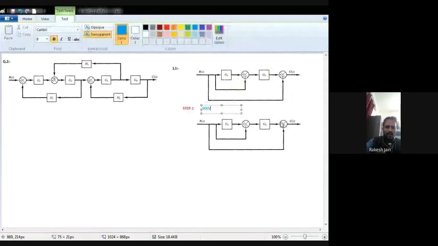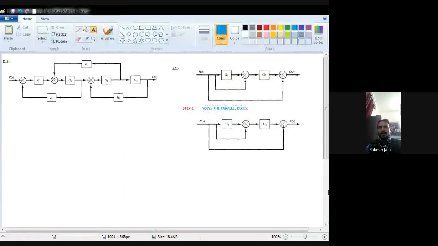So whenever blocks are in cascade, what is our rule? Our rule is, I just remove all these lines, copy and paste, and we do step number 1. So what is step number 1? Step number 1 is solve the parallel block.